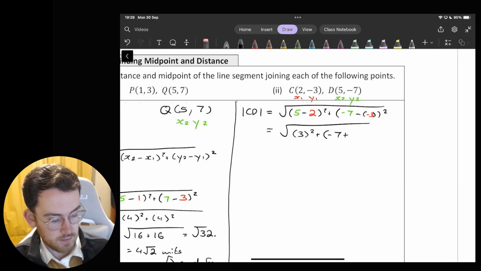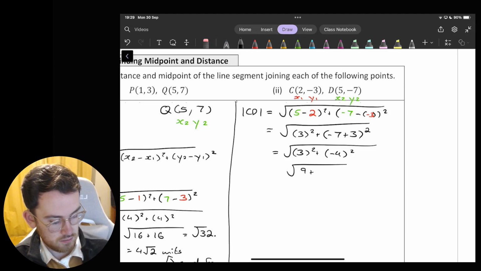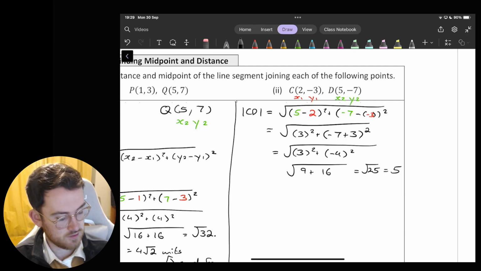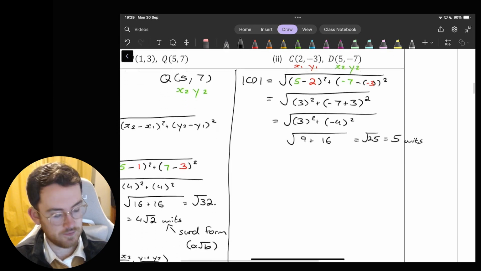So that's actually going to become minus 7 plus 3, because the minus 3 overall is going to work out as a plus 3. So that's going to give me minus 4 squared. So 9 plus 16, which is the square root of 25. And the square root of 25 works out as a nice whole number, just 5 there. Or we could say 5 units, I suppose, because we're looking at distance here.